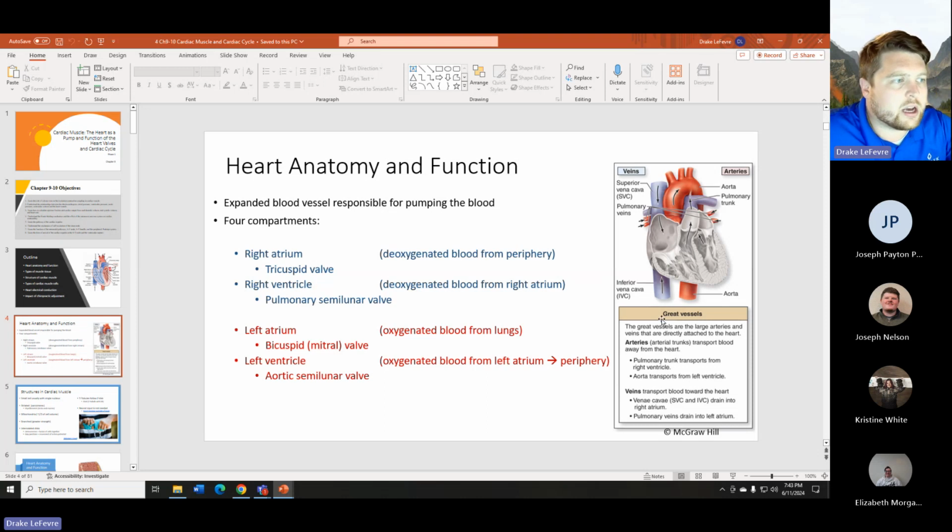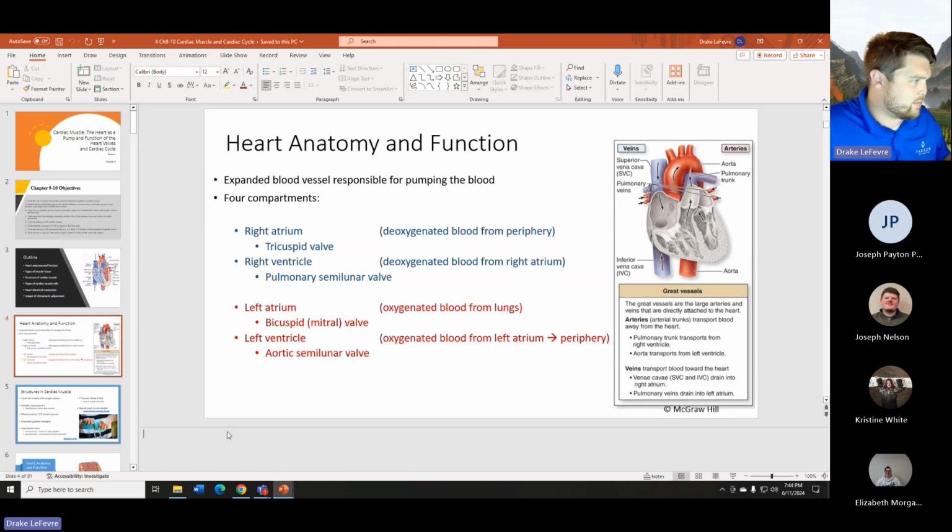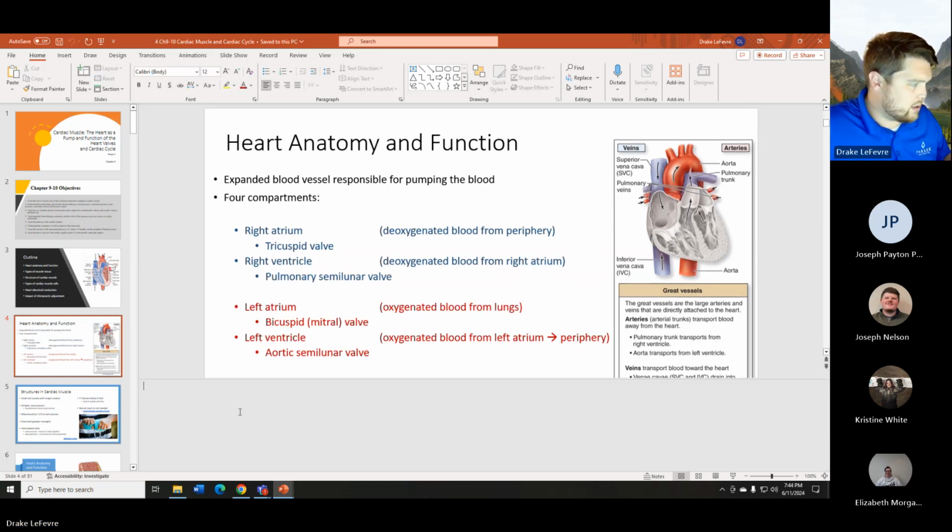Okay, blood comes into the right atrium, gets pushed into the right ventricle, then it gets pumped towards the lungs in order to get oxygenated. This is a fun fact, always a test question: the pulmonary arteries are the only arteries to carry deoxygenated blood.